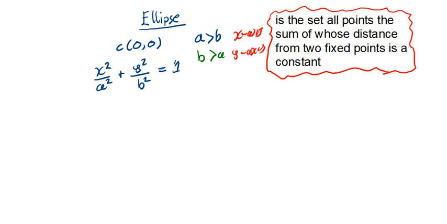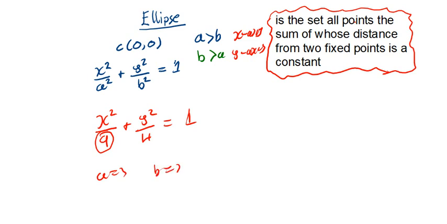Is that making sense? Even if they give you an equation, let's say x squared divided by 9 plus y squared divided by 4 equals 1. You can clearly see that my a squared is 9, meaning my a is 3. Then my b squared is 4, meaning my b is 2. You can clearly see your a is greater than your b. So before you even do anything, you're able to have a picture of the orientation of your ellipse.